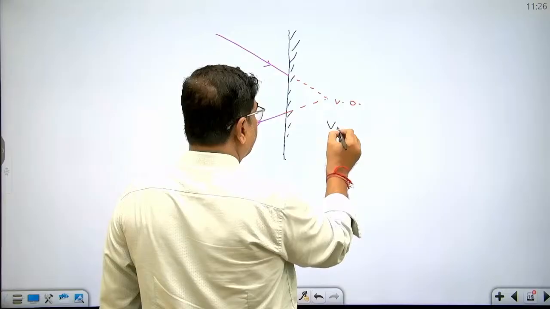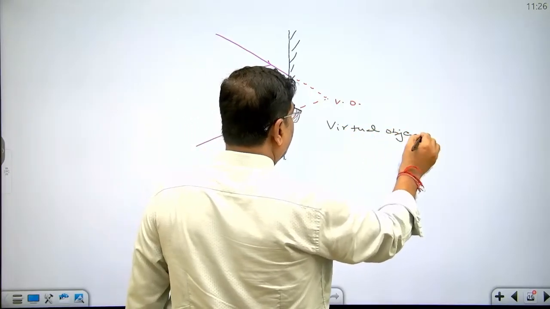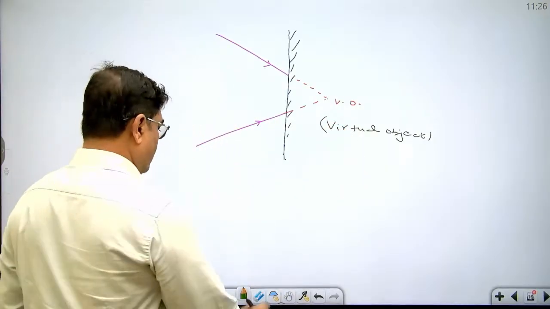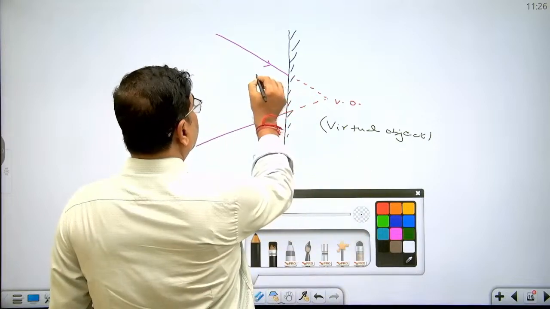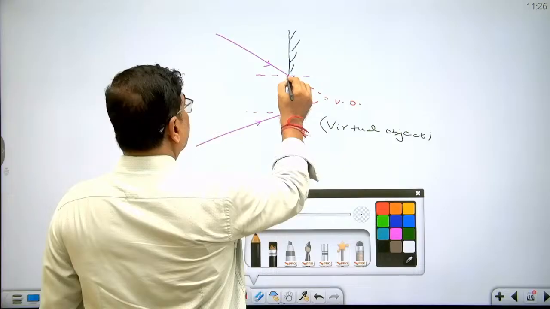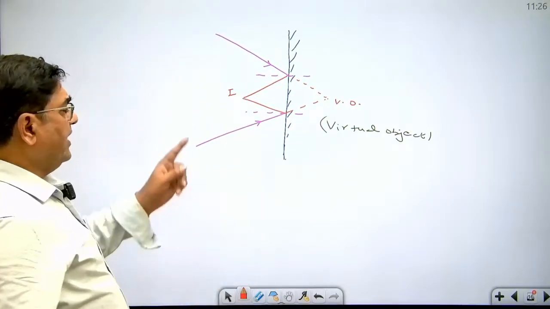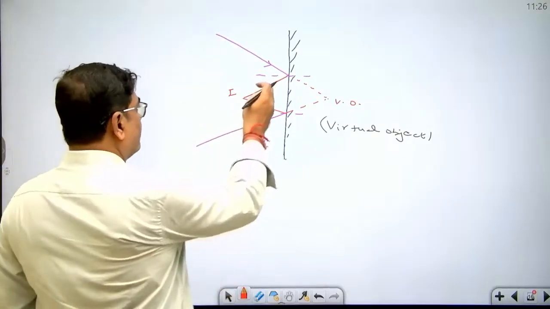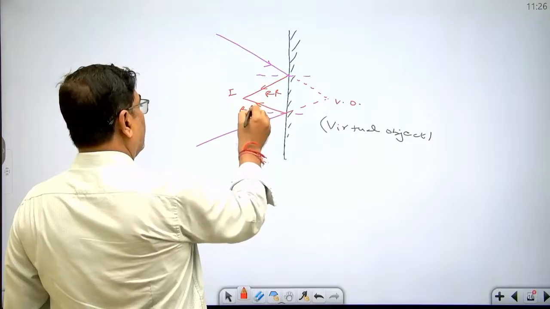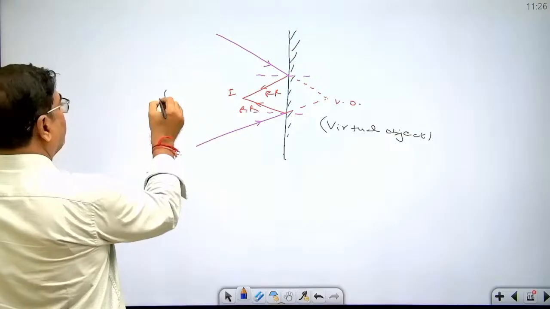Now, since angle of incidence equals angle of reflection, so these rays, this is normal, this is normal, these rays will intersect at this point. So what you observe? In case of virtual object, image is real because these reflected rays are converging. Converging reflected rays form real image. Okay, this is real image.